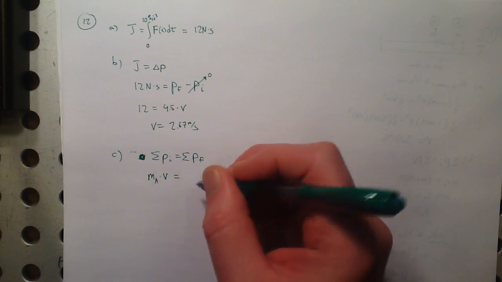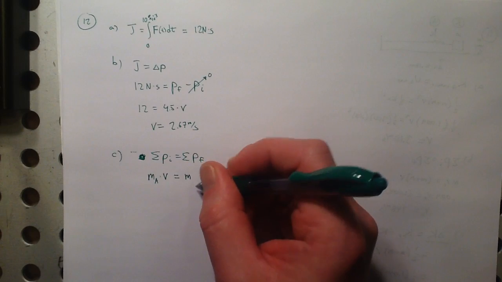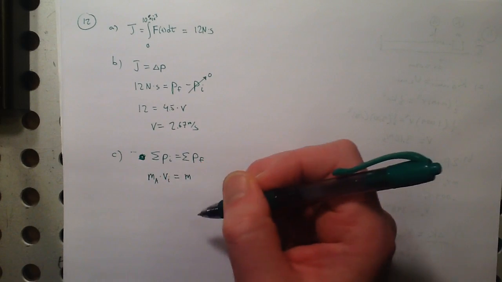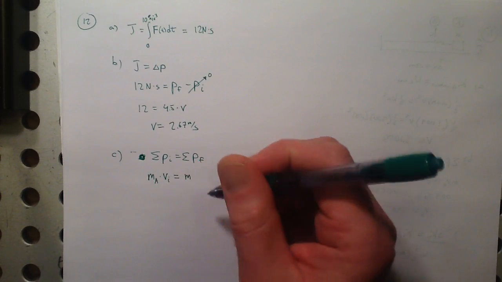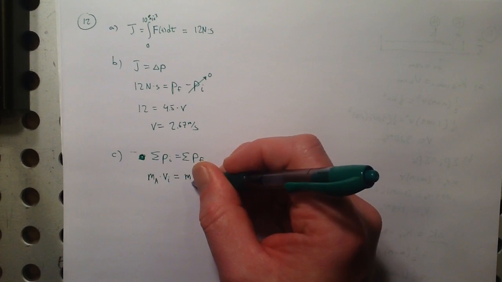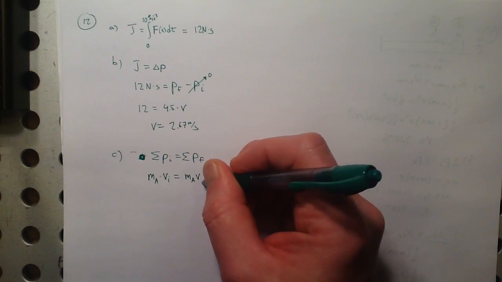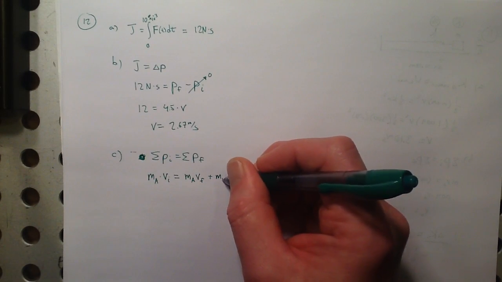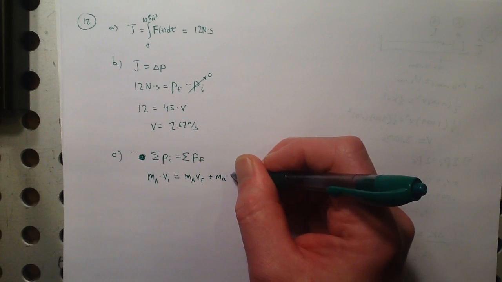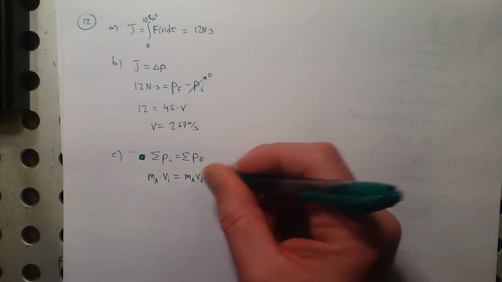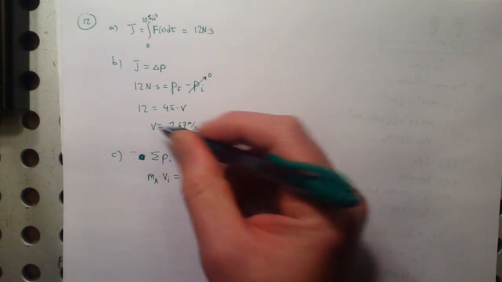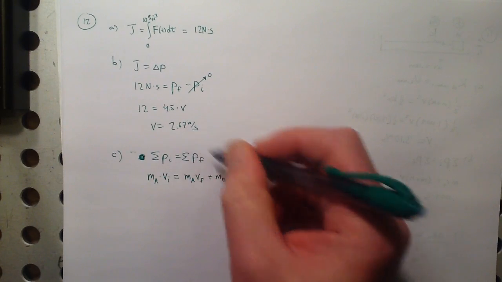And then after the collision, the mass of block A, whatever its final velocity is, plus the mass of block B times whatever its velocity is. I've written VF for both of those. Those are not the same velocity, right? This is this one. That's the velocity of block B.